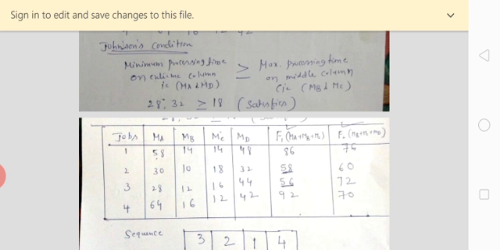Similarly, for the second job, 10 plus 18 plus 32 gives 60 minutes. The third job, on machine B, machine C and machine D, is 12 plus 16 plus 44. If we add, that becomes 72. Similarly, for the fourth job on machine B, machine C and machine D, 16 plus 12 plus 42 gives a total of 70 minutes.